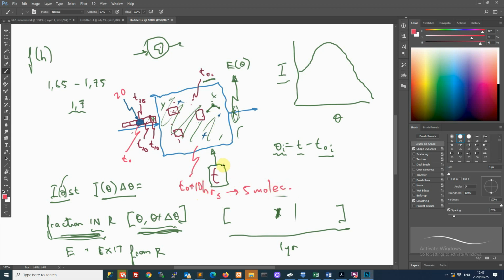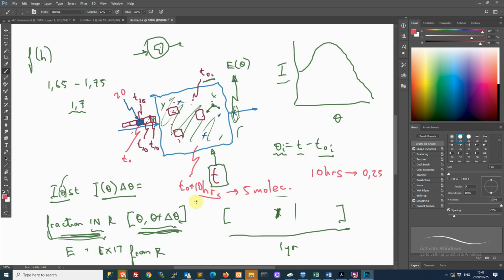Right, then we'd be able to say that after 10 hours, our fluid elements will be down to a quarter, right? 5 over 20, so 0.25. And we could do this as many times as we want.